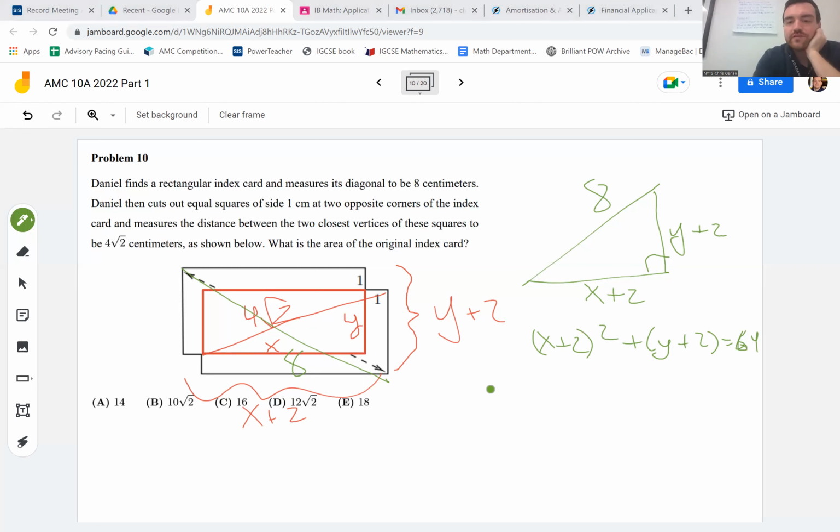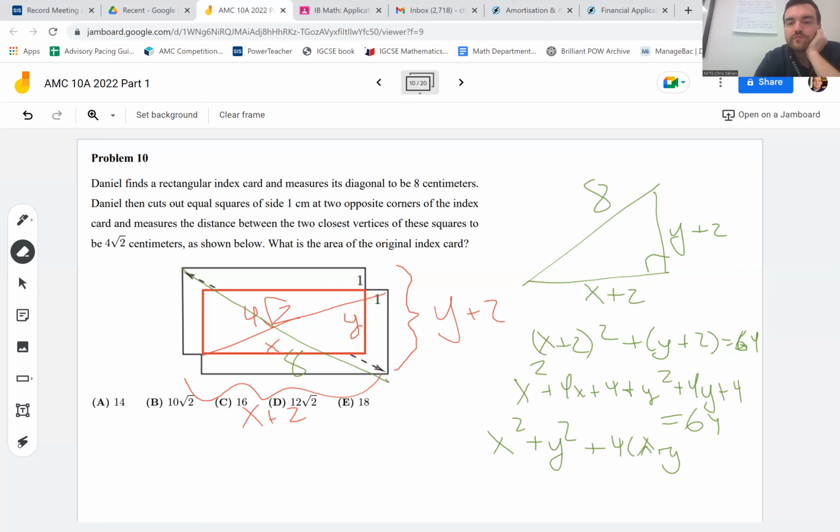So that means X squared plus 4X plus 4 plus Y squared plus 4Y plus 4 equals 64. Combining terms, X squared plus Y squared plus 4 times X plus Y equals 64 minus 8, or 56.